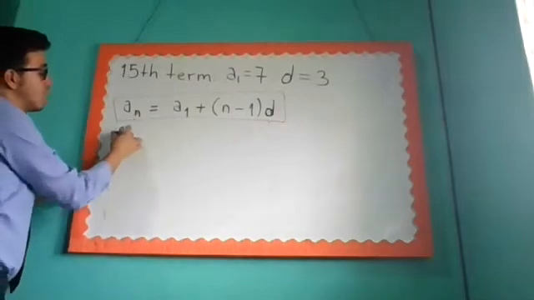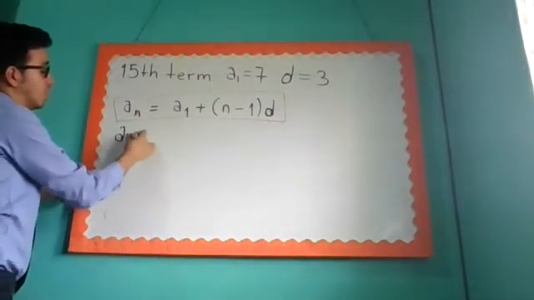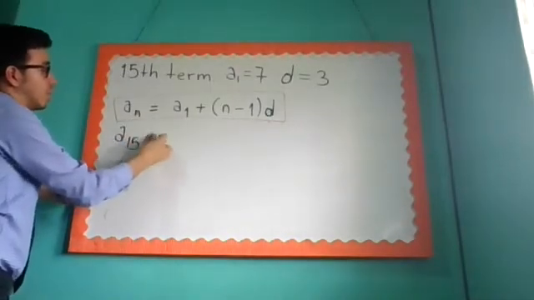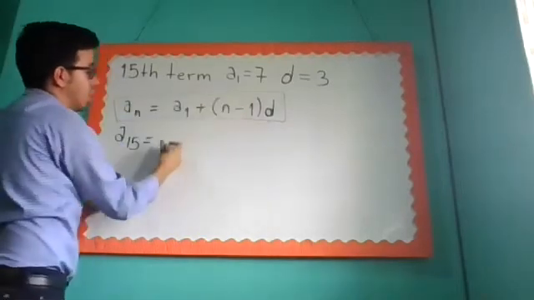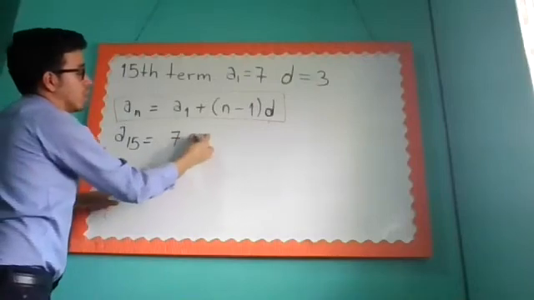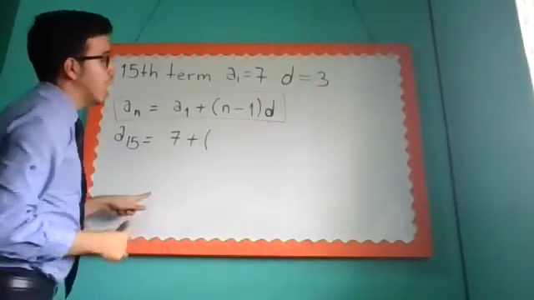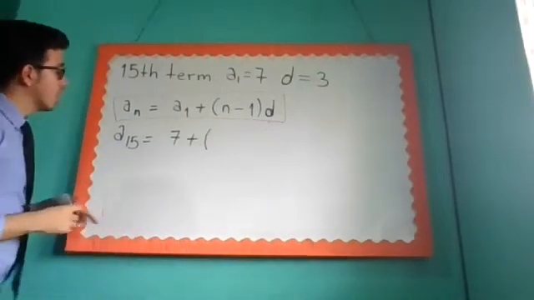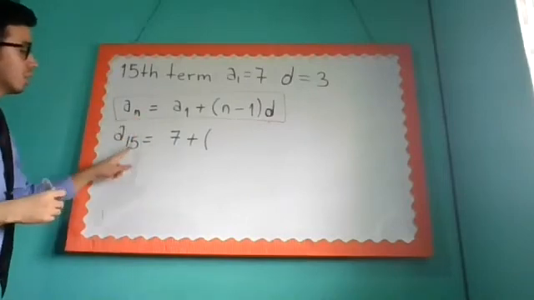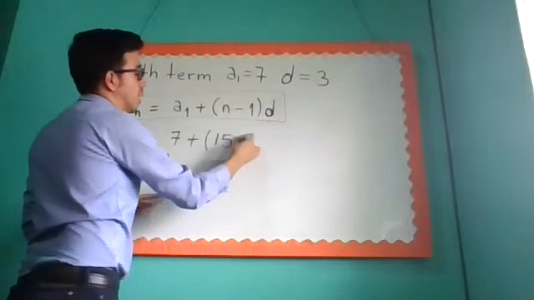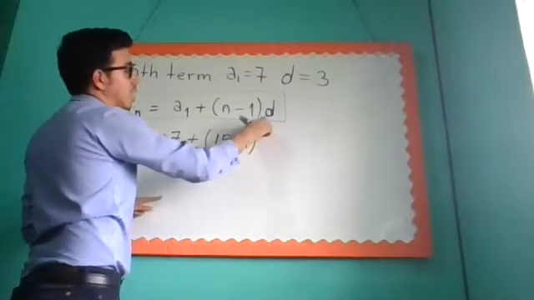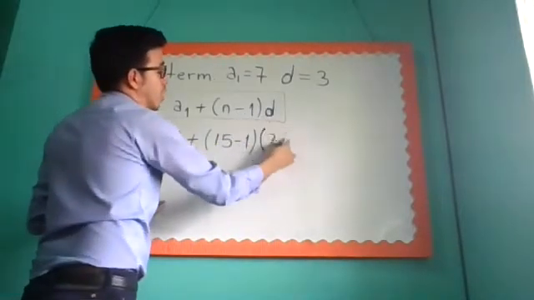So a is going to be a sub 15. This is equal to A1. A1 is this, you already have it in here. 7 plus n minus 1, and in this case n is 15. 15 minus 1 multiplied by d, that is 3.